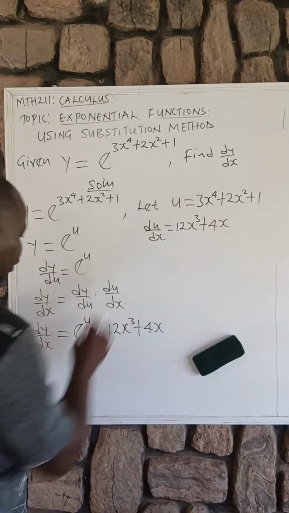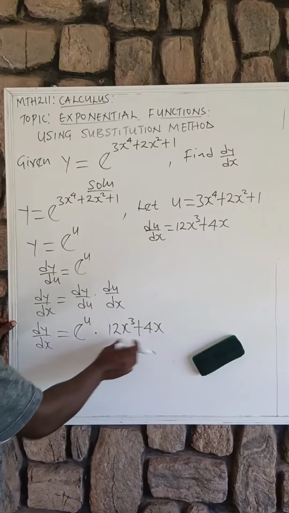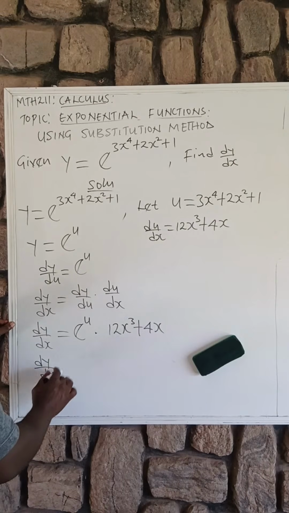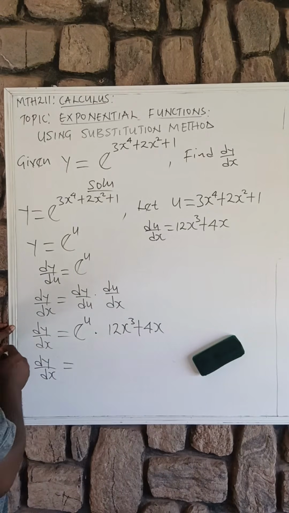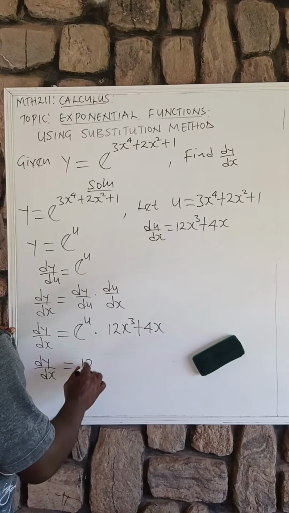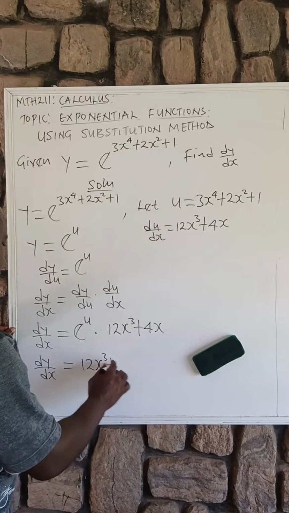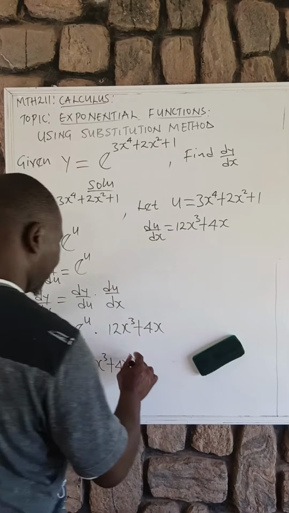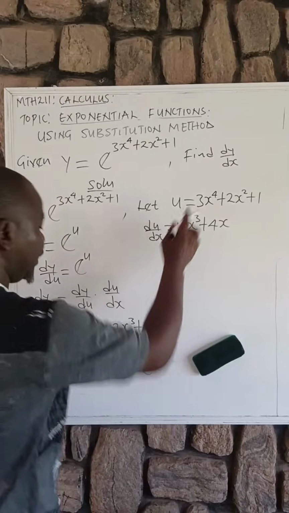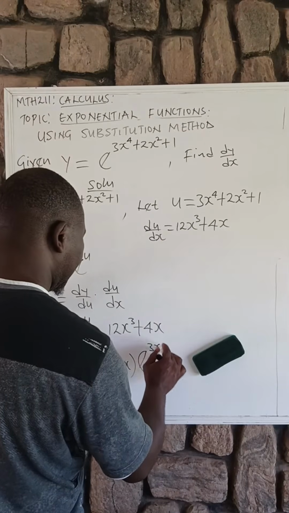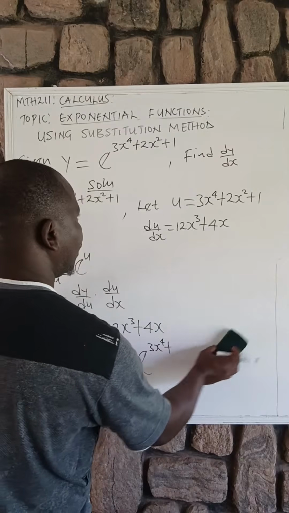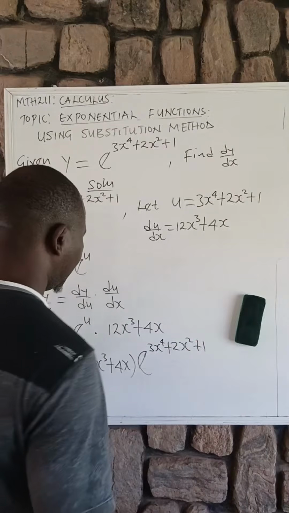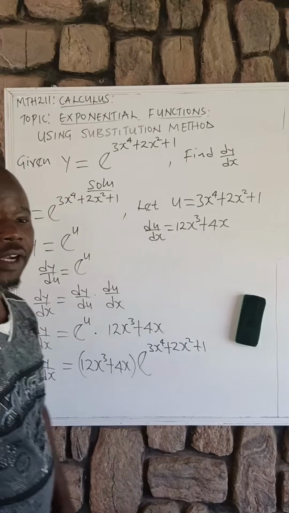Our u is this. So we write this one first, or we leave it like this, whichever way you are right. Our dy over dx equals 12x raised to power 3 plus 4x, all in brackets, times exponential of 3x raised to power 4 plus 2x squared plus 1. This is the final answer.